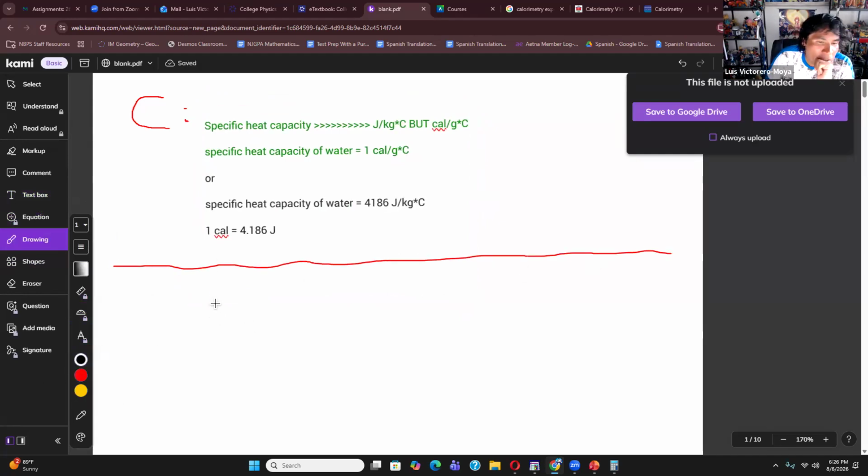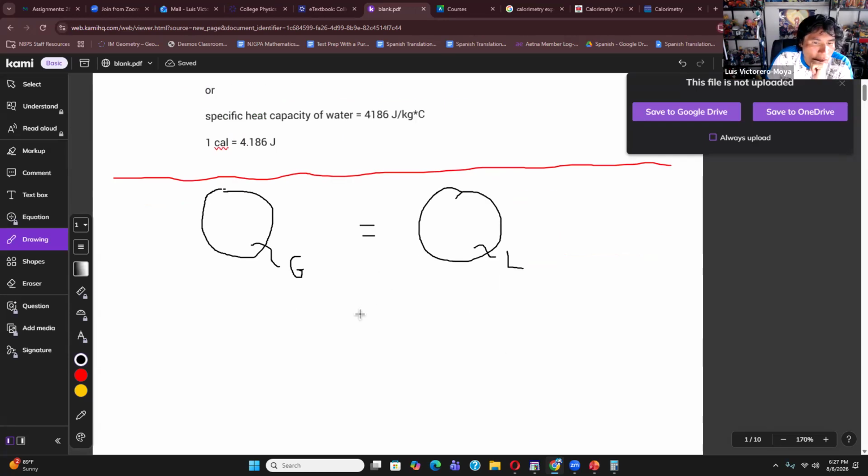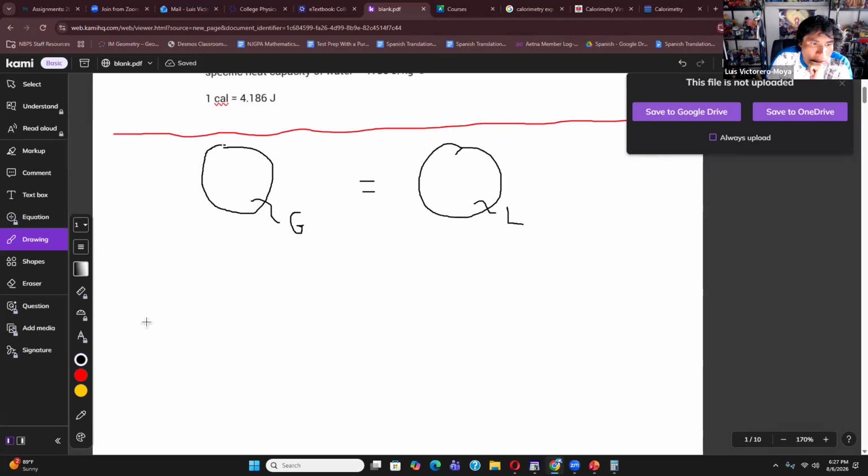So the idea with calorimetry is that the heat, which is Q, gained by a substance is equal or identical to the heat lost by the other substance when they reach equilibrium. So the way I like to solve this, and I showed you already before, is by drawing a line and by locating who is gaining the heat.